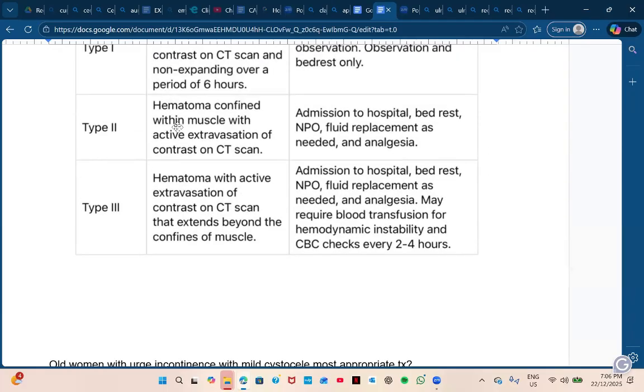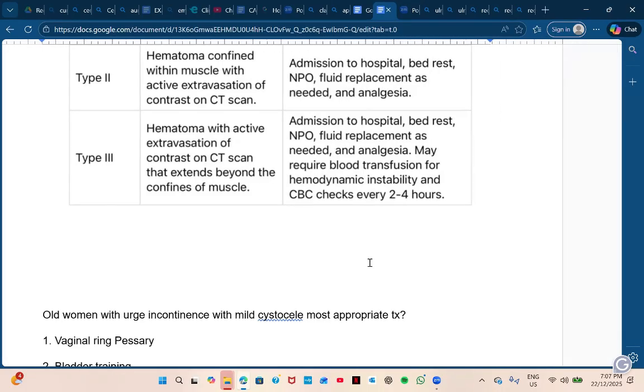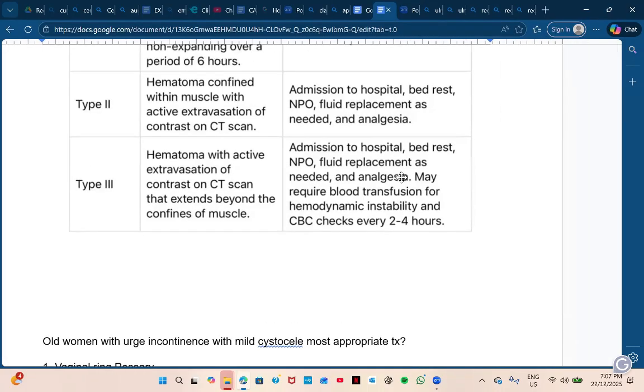And one more thing, if the patient is unstable, because in this case there's active bleeding, we have to give the blood transfusion. Otherwise, conservative management. Usually these patients are not unstable. If unstable, and type 3 with leaking outside the muscle, we have to do the admission, the initial management, the blood transfusion, and the surgical intervention if needed.